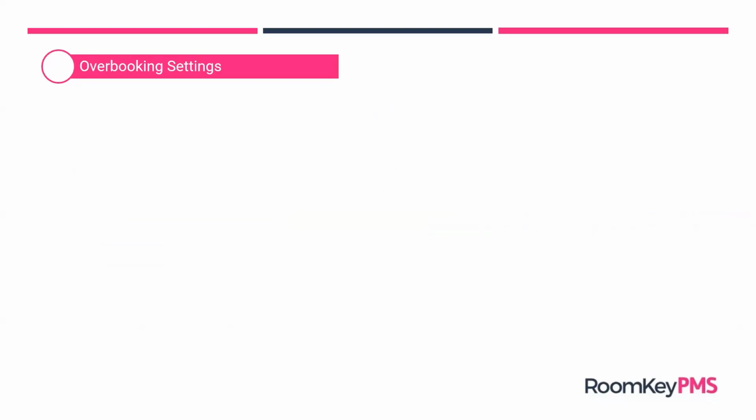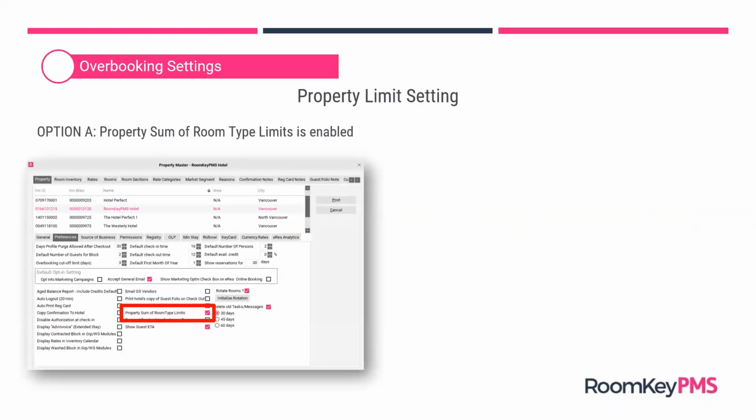So when I look at the property limit setting, this setting is actually found in the property module, very similar to the overbooking cutoff limit we just saw. So when I open up the property module, the first or default option for all RoomKeyPMS databases is that the property sum of room type limits is enabled, meaning that here in the property preferences tab, the checkbox has a check mark in it.